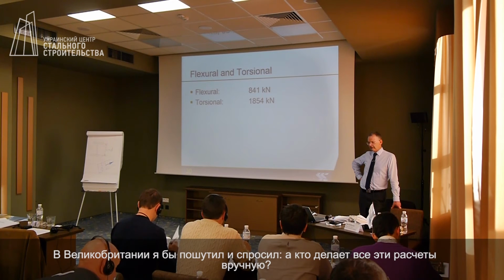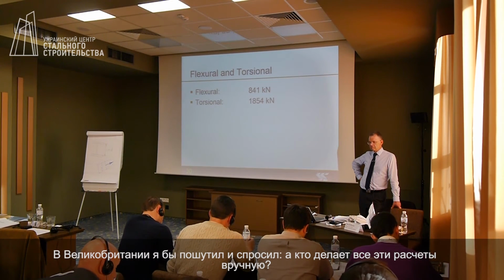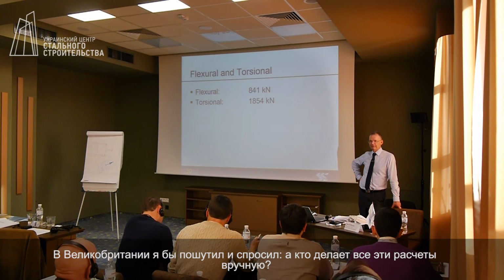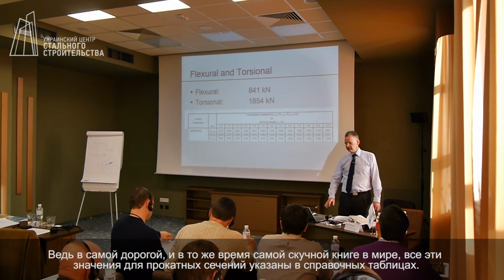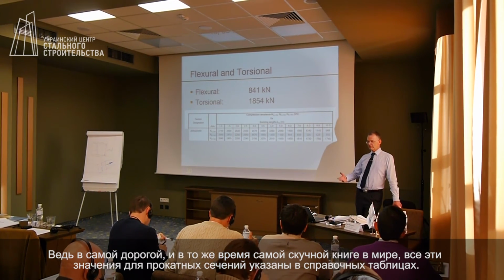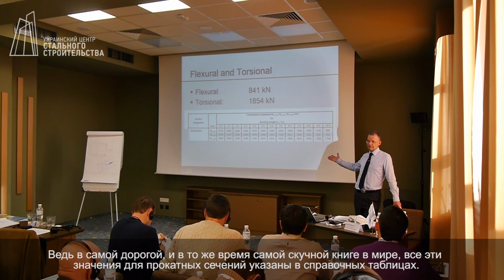In the UK, I would joke now and say, who would ever want to do that by hand? Because for rolled sections, the most expensive but the most boring book in the whole world has lookup tables.